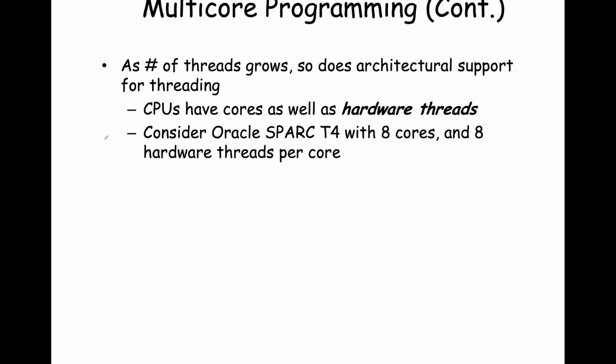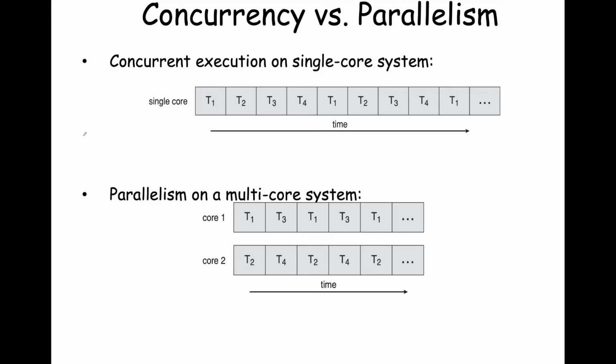And so the Oracle SPARC, and SPARC is Sun Microsystems, Oracle bought Sun, so now it's Oracle SPARC architecture, has hardware threads, 8 cores for the T4. Each core has 8 hardware threads. And so if you look up the chip spec for the Intel i9 processor and the Xeon, you'll see in that specification the number of hardware threads that you have per core.